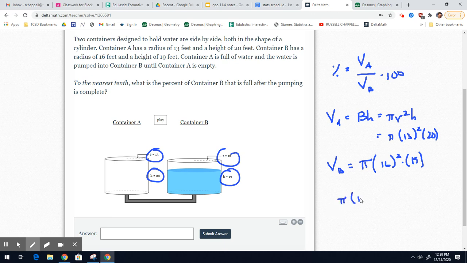So we're going to type this in just like this. Pi times 13 squared times 20 divided by pi times 16 squared times 19 times 100. And to be honest, we can actually cross off the pi's to make our lives simpler. So 13 squared times 20 divided by 16 squared times 19 times 100 will give us our percentage to the nearest tenth of a percent.